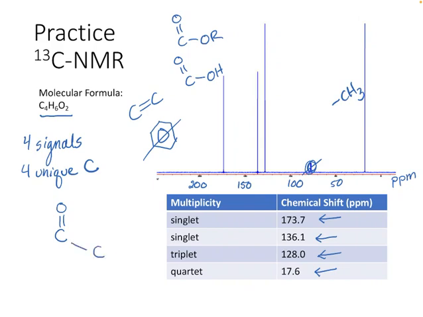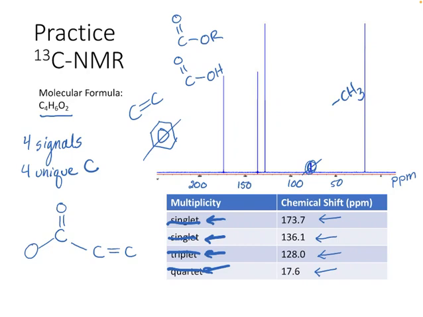And then I'm going to draw my alkene, because I know we have one of those. And then I do know there will be an oxygen on the other side because it's either an ester or a carboxylic acid. So normally we don't have any peak splitting or integration values. For some reason, we're given these peak splitting values. You can ignore those. Those aren't going to tell us anything.